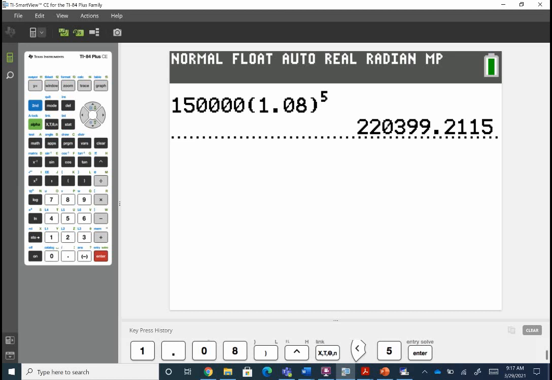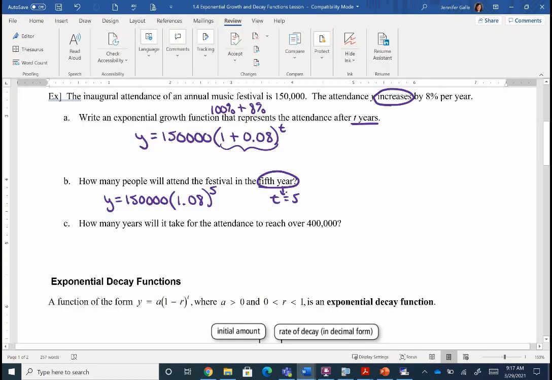So 5 years from now, they are projecting that at this festival, there will be, and I'm going to put a little squiggly equals sign here because we're rounding. When you put the squiggly equals, it means approximately, so when somebody else reads your answer, they know you've rounded it.